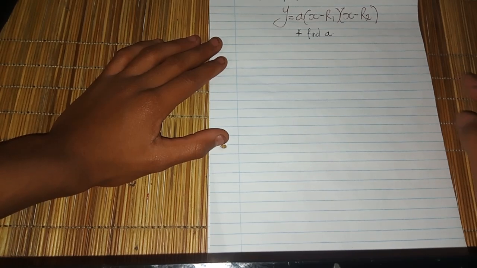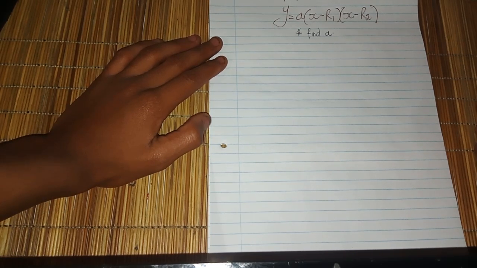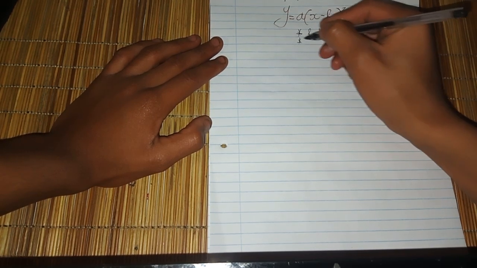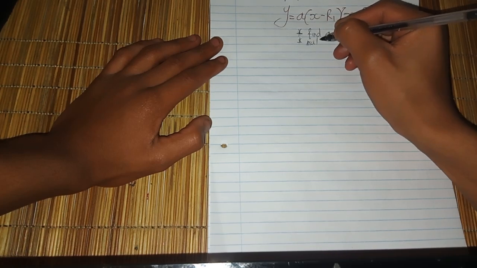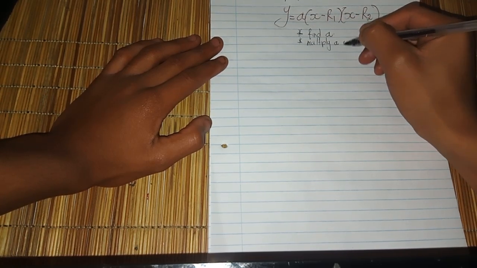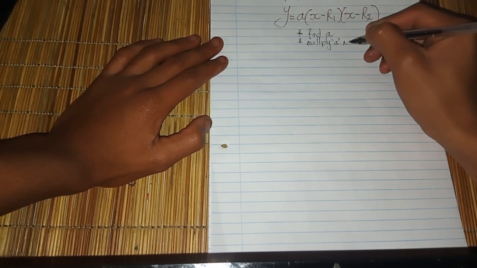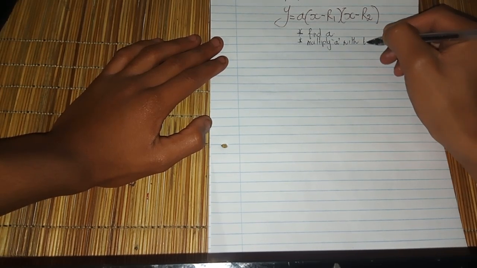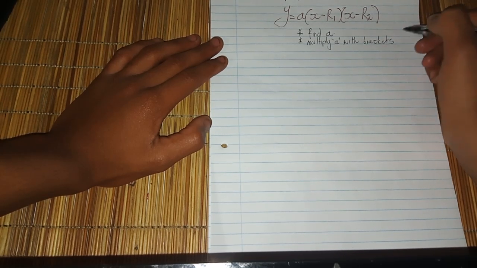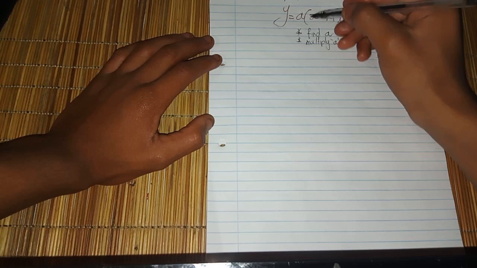After finding a, you will then have to multiply a with brackets or parentheses. If that's the wrong spelling, forgive me. So you're going to get a, then just multiply.